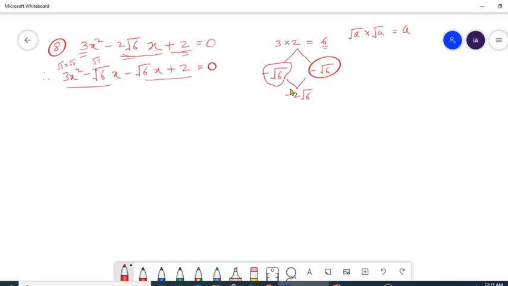Root 3 into root 2, so root 3 times root 2 is root 6, and root 3 times root 3 is 3. So for 3x square and root 6, root 3 is a common factor. This root 3 can be taken as a common factor from both 3x square and minus root 6x. So here we can take out root 3x as a common factor.